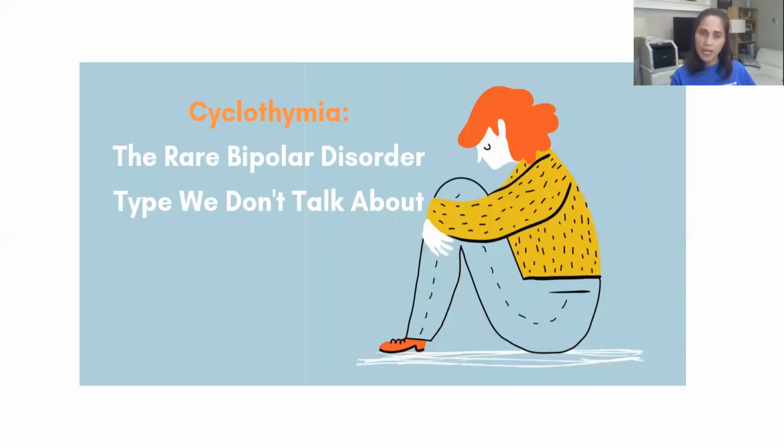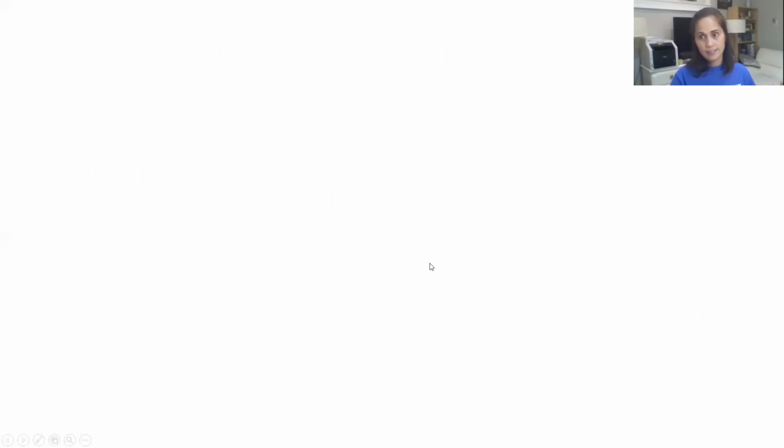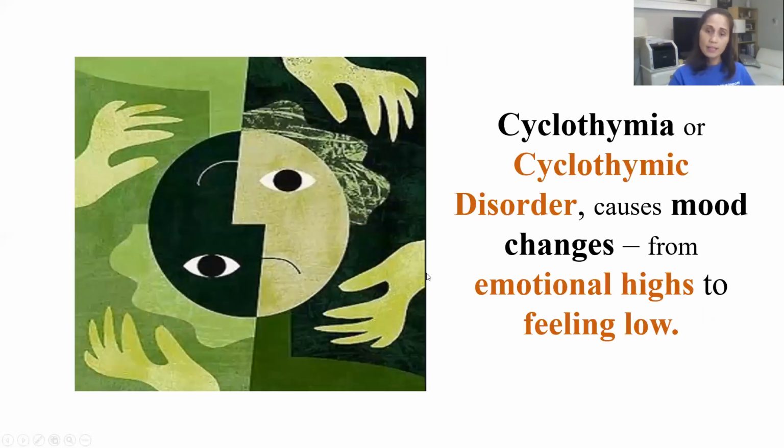Cyclothymic disorder is a rare bipolar disorder that we don't really talk about, though it's already been recognized since the 1880s. Cyclothymia, or cyclothymic disorder, causes mood changes from emotionally high to feeling low, as we have talked about just now. To be diagnosed with cyclothymic disorder, you cannot have a manic, hypomanic, or depressive episode, as we have said.